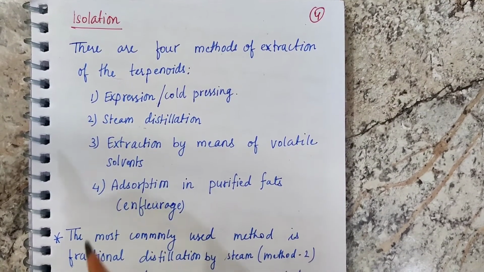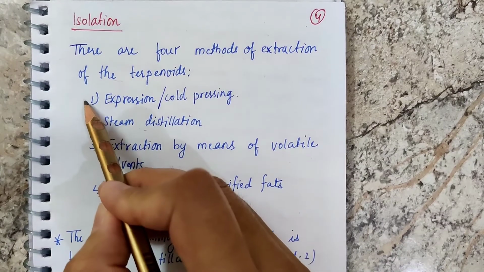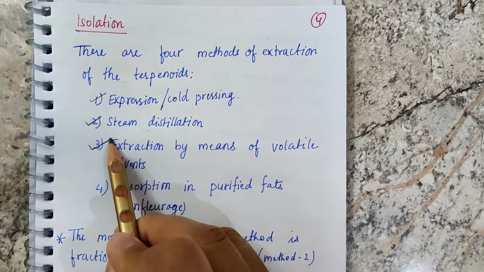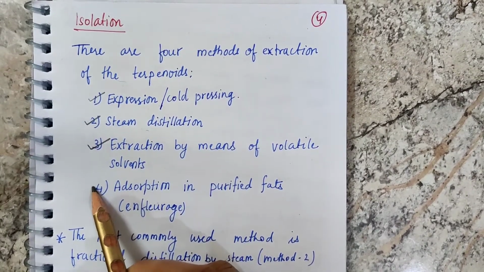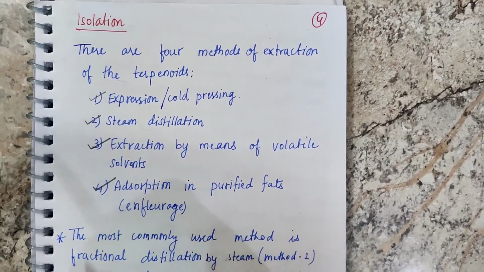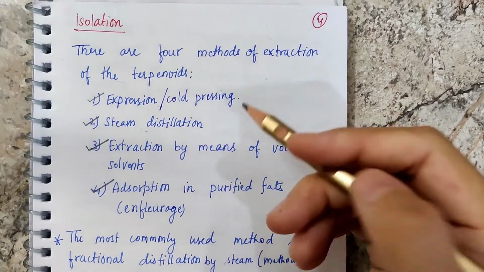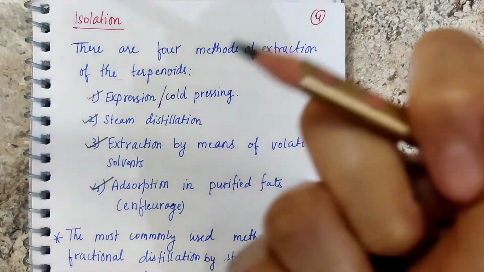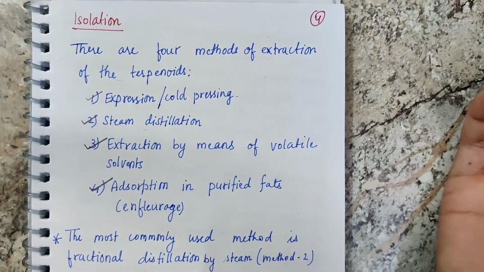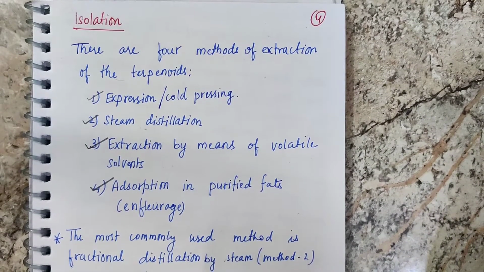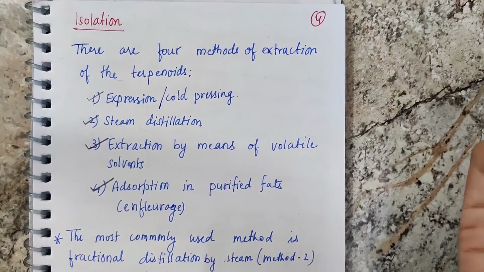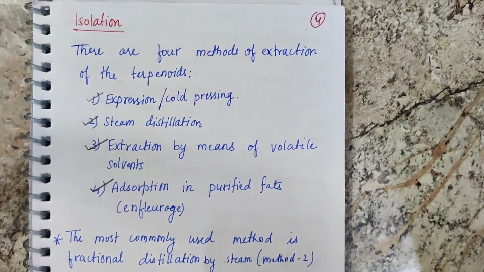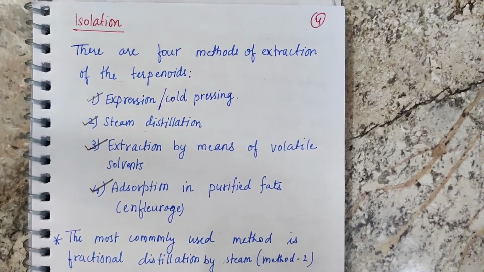There are 4 processes by which it can be extracted: expression, steam distillation, extraction by means of volatile solvents, adsorption in purified fats. So expression or cold pressing means it is just squeezed. For example, you take out the oil from mustard seeds. So that process is expression or cold pressing.